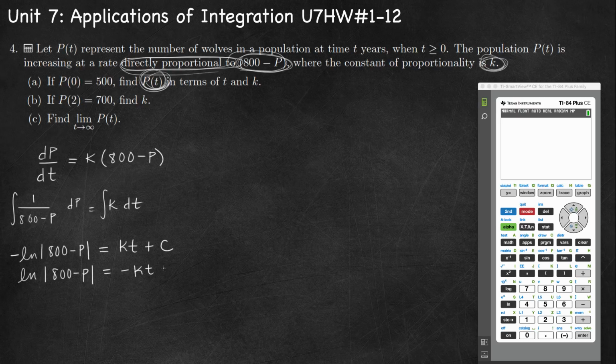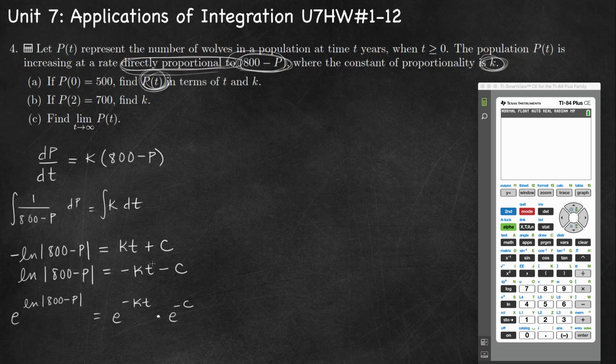The minus c, I can write minus c, or I can write plus c. Since minus c is just a constant term, we can call it plus c as long as we differentiate it from the old c. But I'm just going to leave it like this for now. Then I'm going to exponentiate both sides. So I get e to the ln absolute value 800 minus p equals e to the negative kt times e to the negative c.